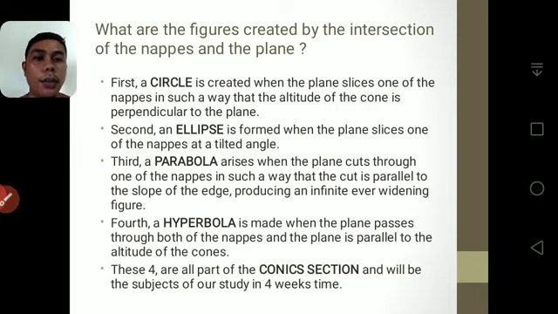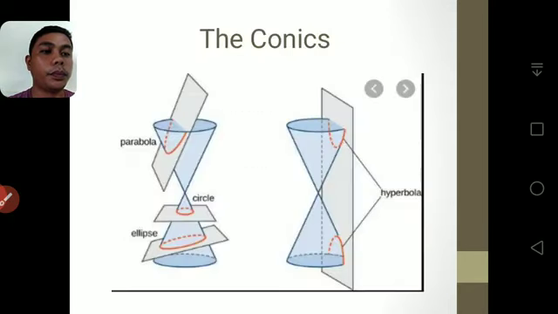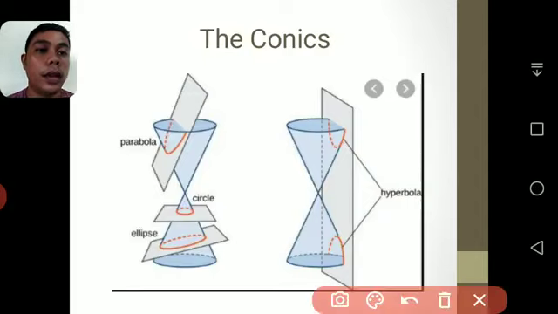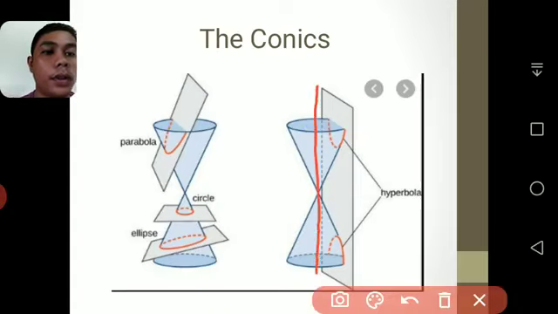Fourth, the hyperbola. The hyperbola is made when the plane passes through both of the naps and the plane is parallel to the altitude of the cones. There's the hyperbola. Again, the altitude is an imaginary line passing through the vertex of the two cones.